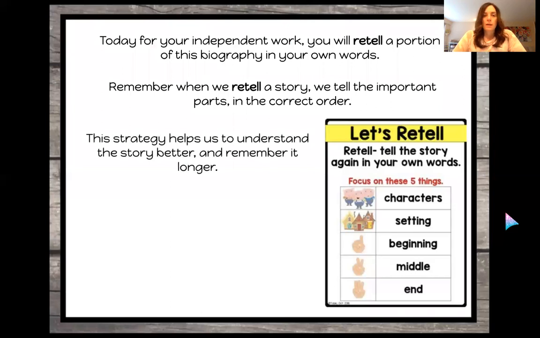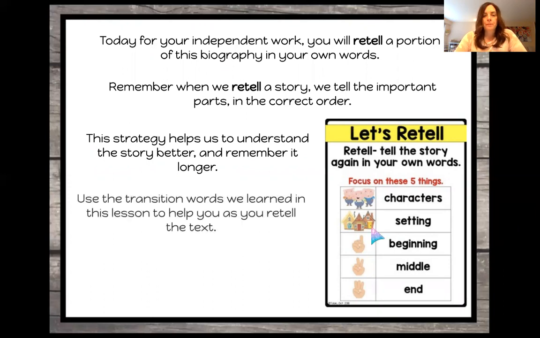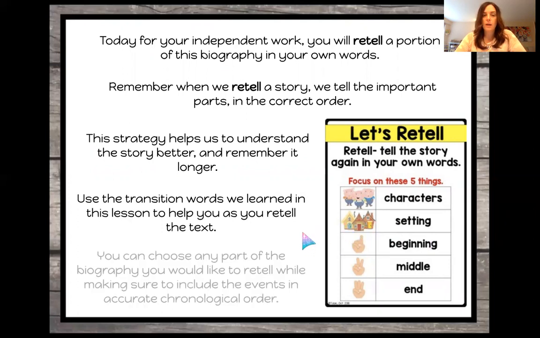Retelling a story is a strategy that helps us to understand the story better, and it actually helps us to remember it longer. While you work today, you can use transition words we learned in this lesson to help you as you retell the text. You can choose any portion of the biography that you would like to retell while you're making sure that you're including the events from the section in accurate chronological order, or the order that they happened.